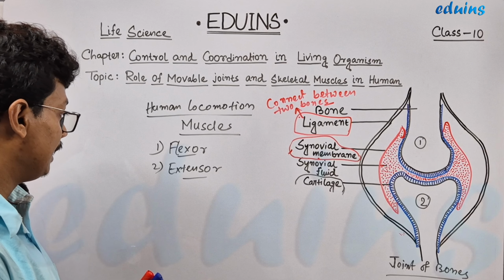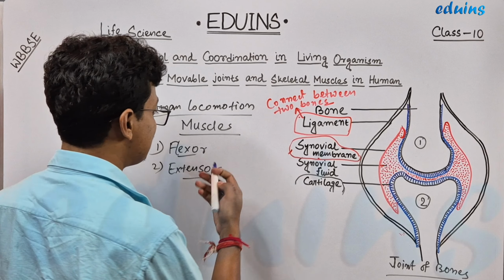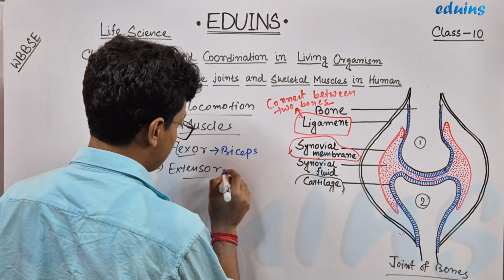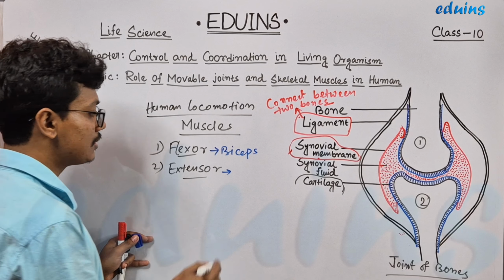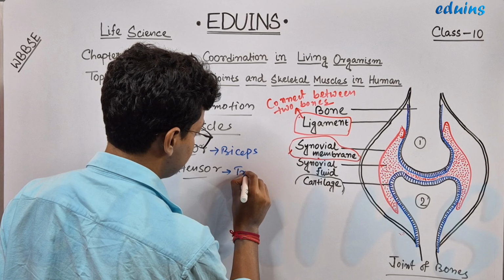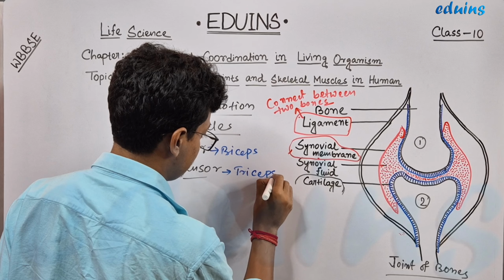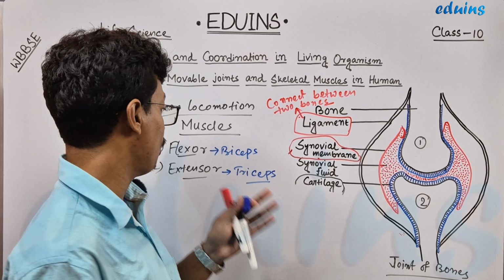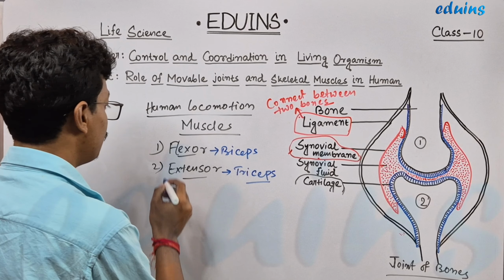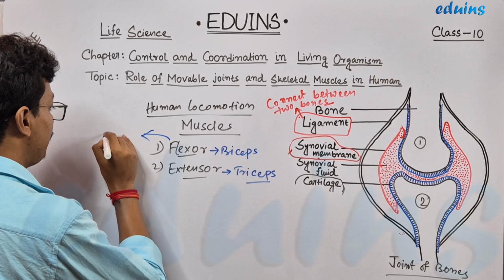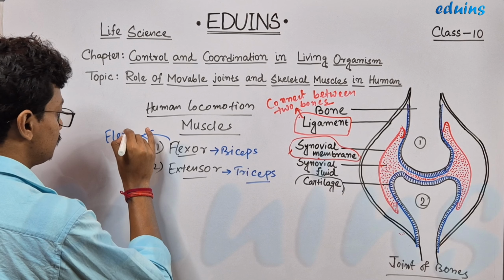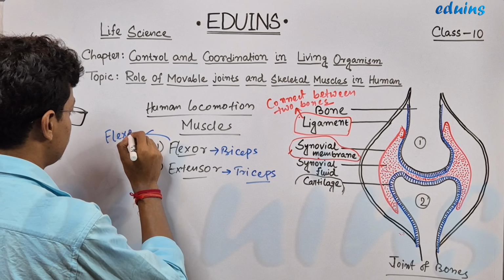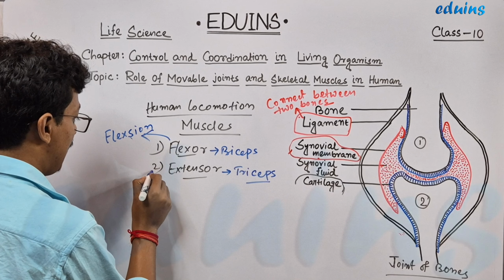Flexor muscle is the biceps, and the extensor muscle is the triceps. And the process of the movement of these muscles is known as flexion and extension.